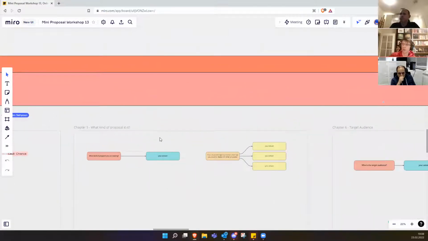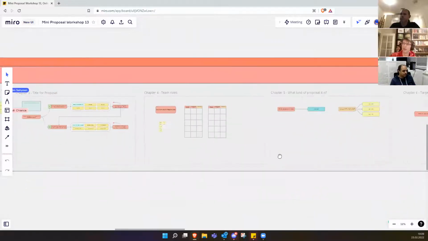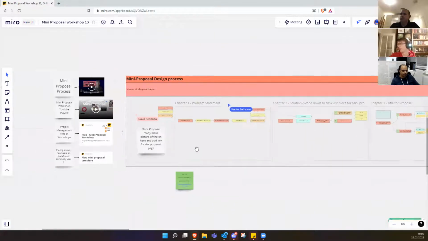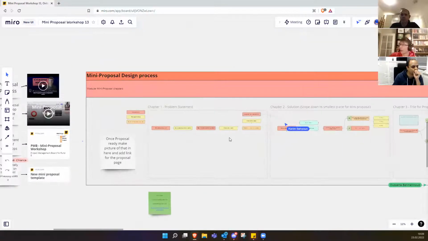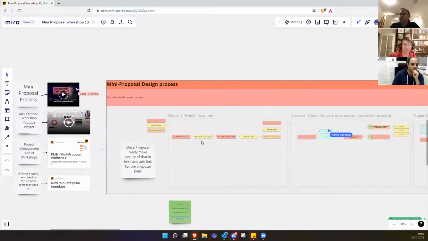Or you might want to elaborate on what kind of proposal it is. So it's a modular approach from this feedback, and the end goal is to make it very adaptive, with a lot of modules, where you can start selecting which path we want to go. But for now, it's quite linear.